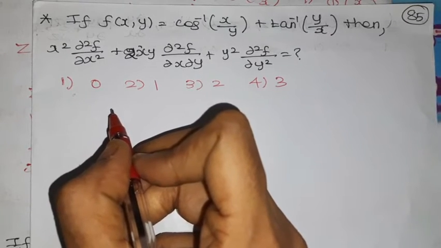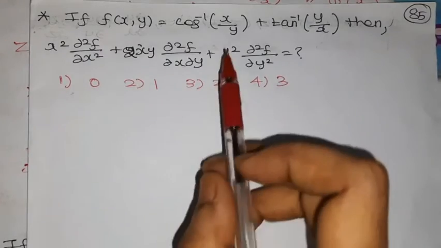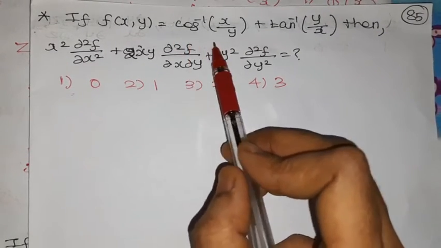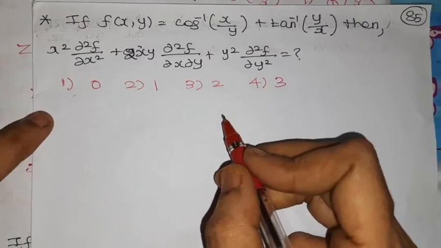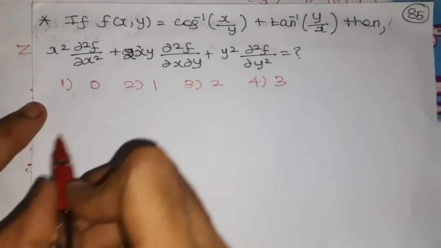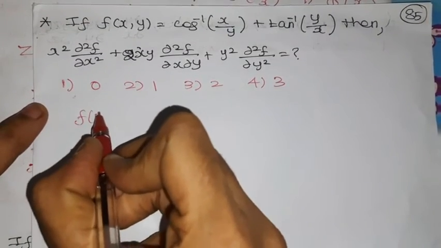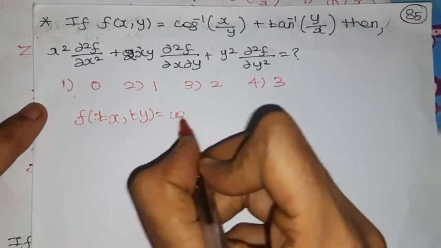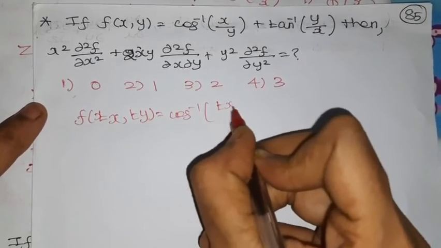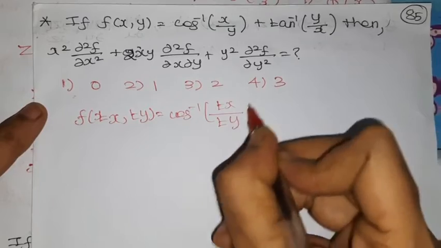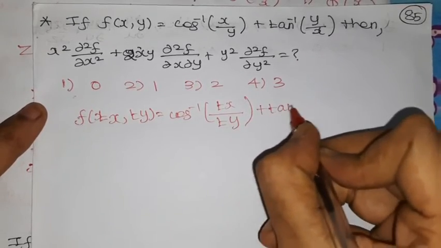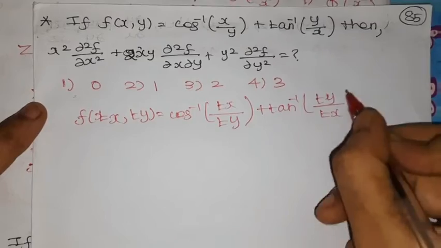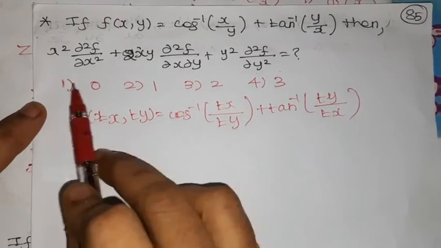See, if f of x comma y equal to cos inverse of x by y plus tan inverse of y by x, then what we need to do? We need to check the homogeneity. F of tx comma ty equal to cos inverse of tx by ty plus tan inverse of ty by tx, because it is the direct relation.